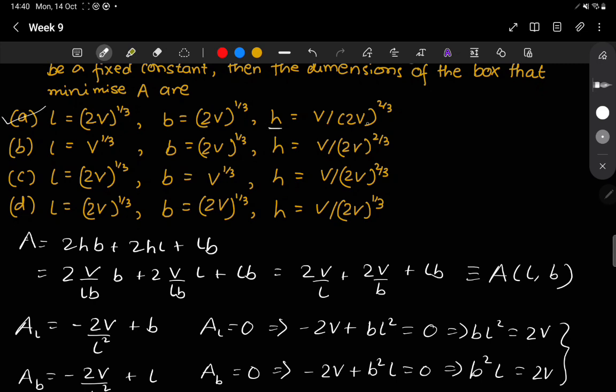It is V over V to the power 2 by 3, which has the dimensions of length. But here this particular expression's dimensions are not correct. Here it is length cubed over length, so this is the dimension of length squared.